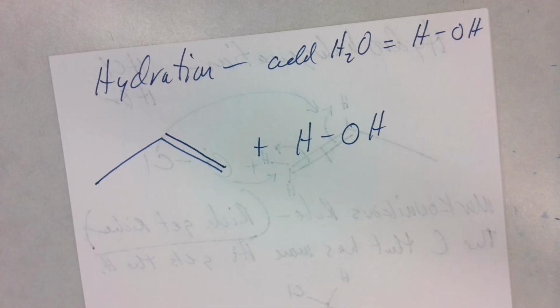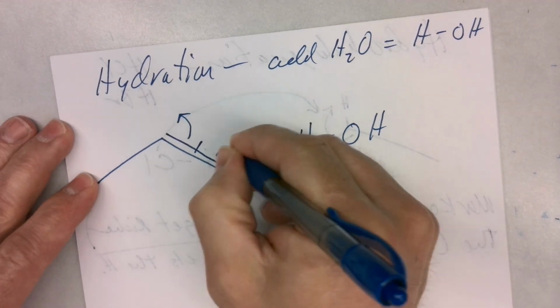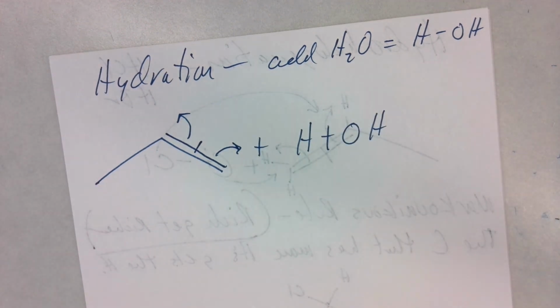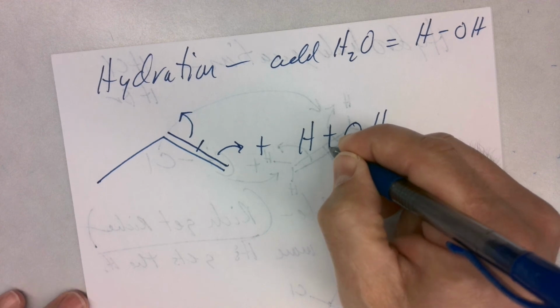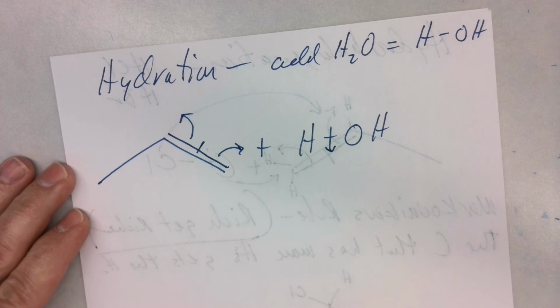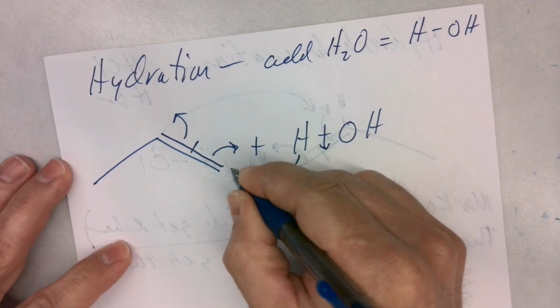And I'm going to add HOH, just like that. Okay, now again, this bond's going to break. Half of it's going there, the other half's going there. What is going to go where? H is going to go to the one that has the most H's. So where's it going to go? On the bond to the right. So it's going to go right there, right?